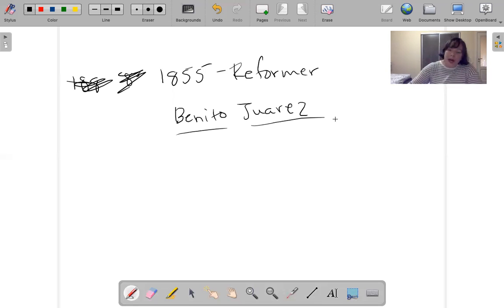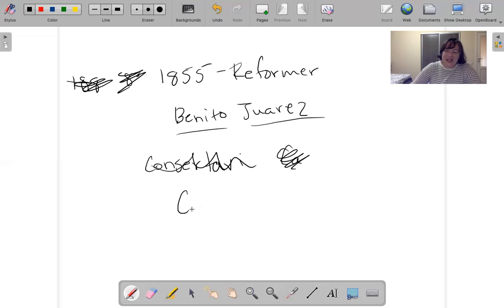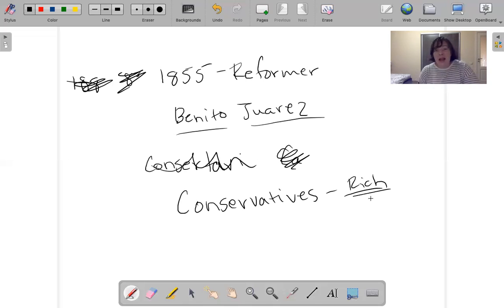But what do you think the conservatives thought about that? They didn't like it. I can't talk to you guys and write at the same time. The conservatives, they were rich and they liked things how they were, because they stayed rich and everybody else stayed poor, and they liked that. So they called on their buddy France.